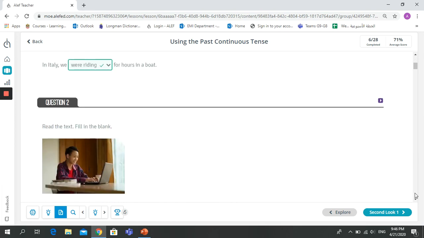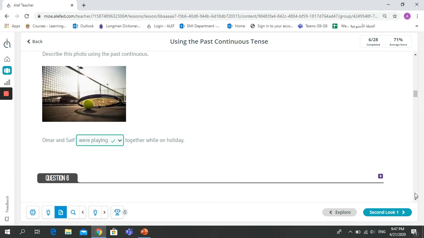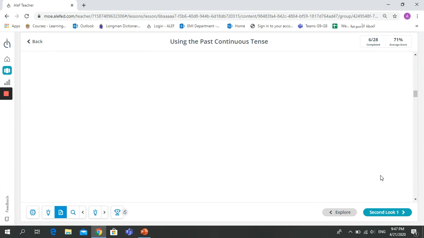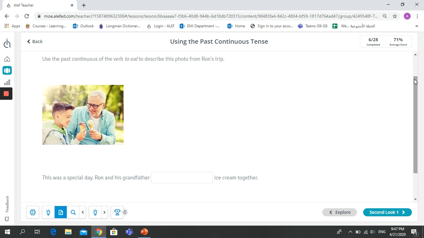Exercise number 7. Okay, or number 6. Let's do number 6 first. Use the past continuous of the verb to eat to describe this photo from Ron's trip. Past continuous should be was or were plus verb 1 plus ing, as you remember. This was a special day.